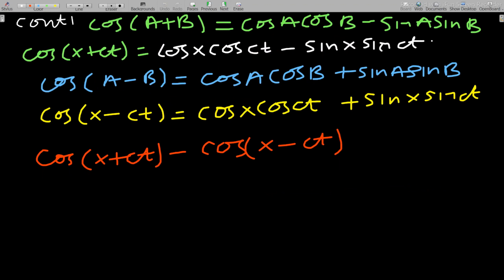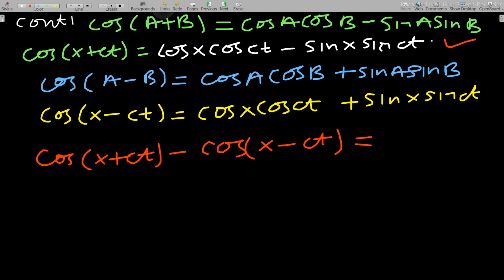It means you are subtracting this equation from that equation. You have already subtracted the left side of the equations, which gives us this. So let's subtract the right side as well.